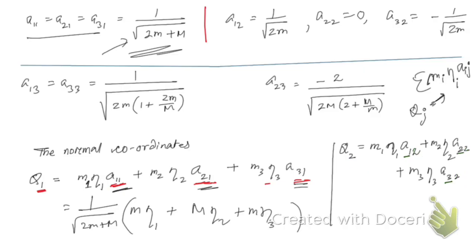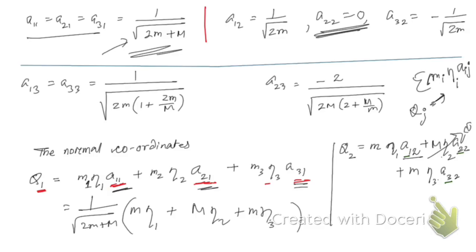So if we put m1 equal to small m, m2 equal to capital M, and m3 equal to small m only, then if we put in the values, a22 is 0 here, so this term is not required.